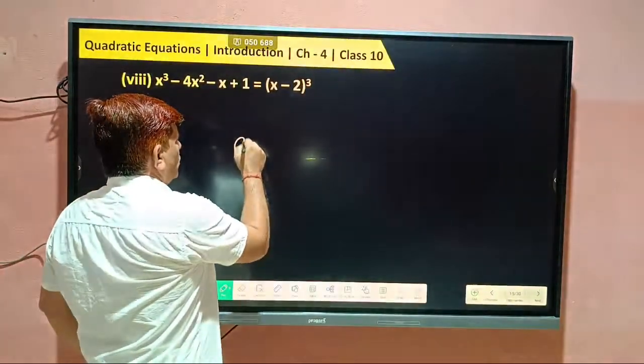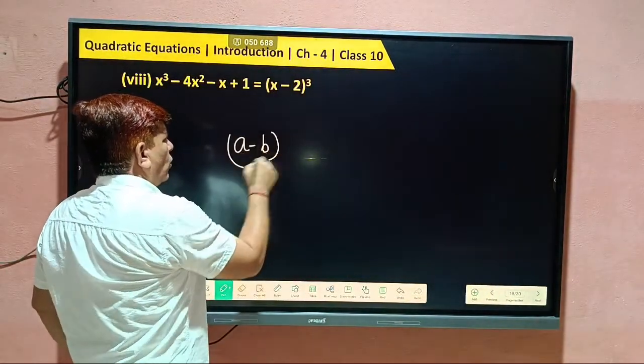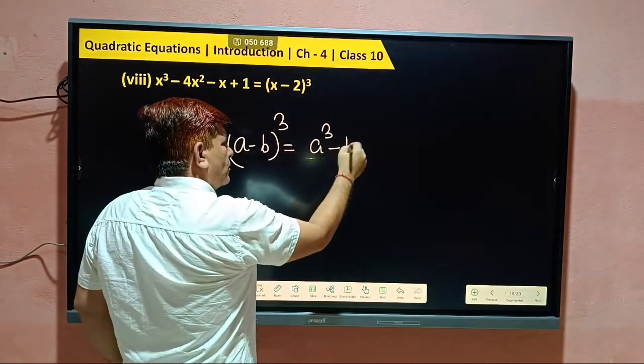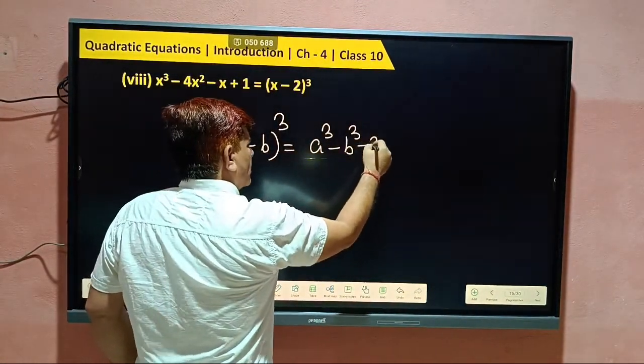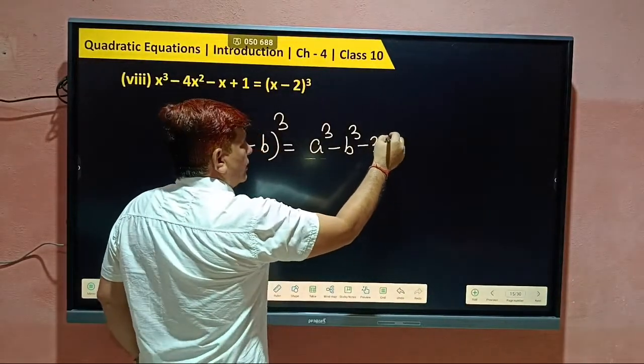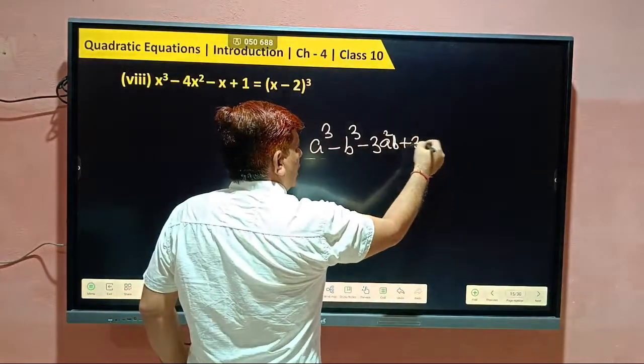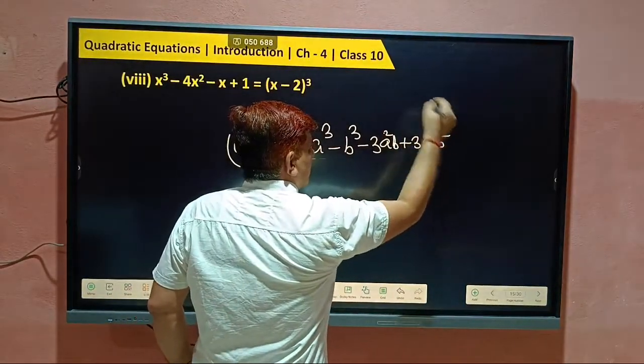Here you have to use a minus b whole cube. Formula I told you: a cube minus b cube minus 3a square b plus 3ab square.